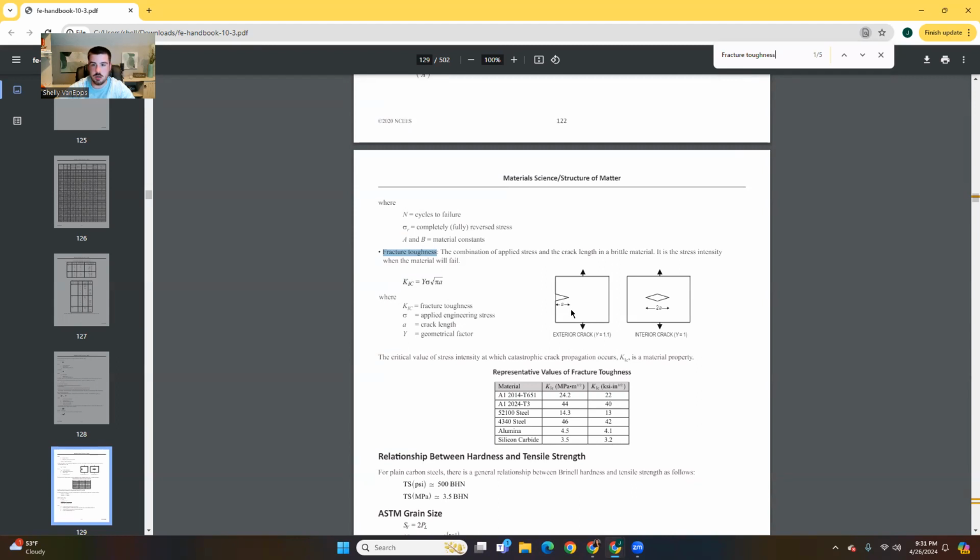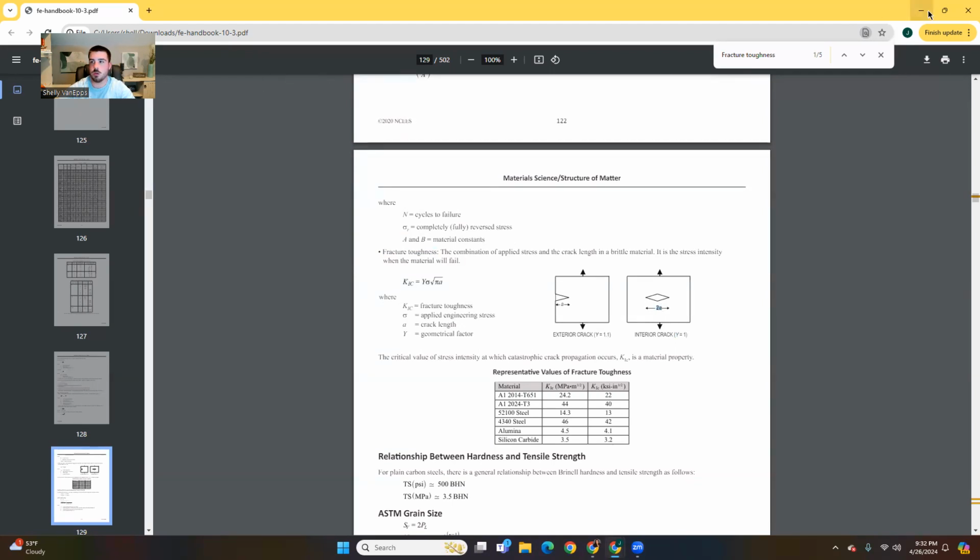So you can see here, you have an exterior crack where Y equals 1.1, an interior crack where Y equals 1. So that's where I got the Y equals 1 from. We know that we have a center crack. It's in the middle of our profile where Y equals 1. But if you take a close look, 2a is the total crack length. So what we want to solve for is just a.